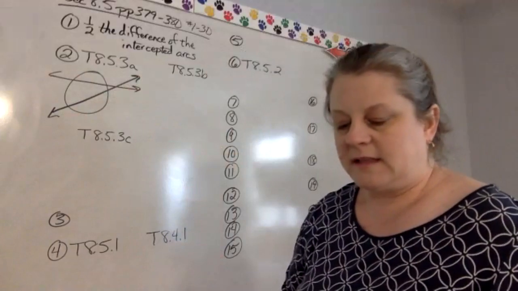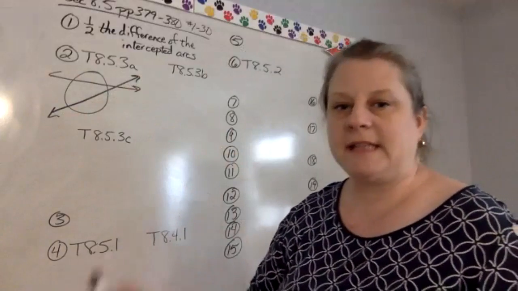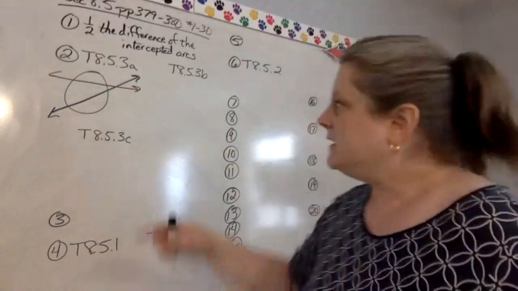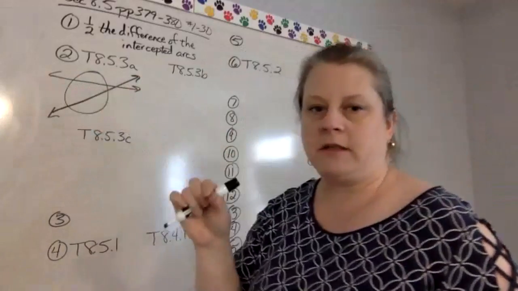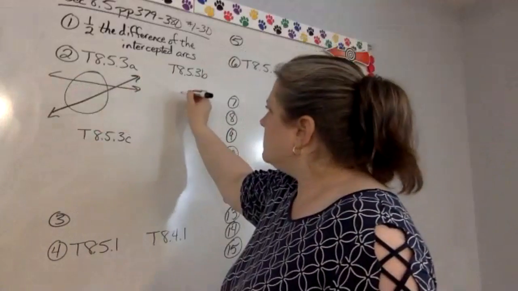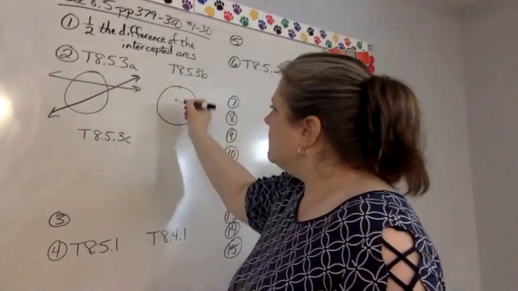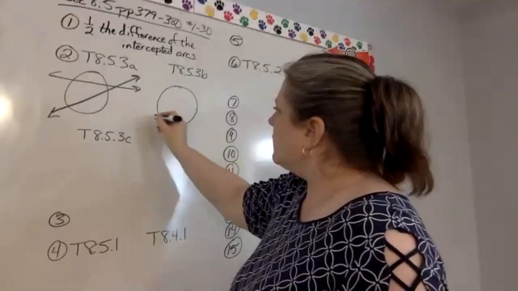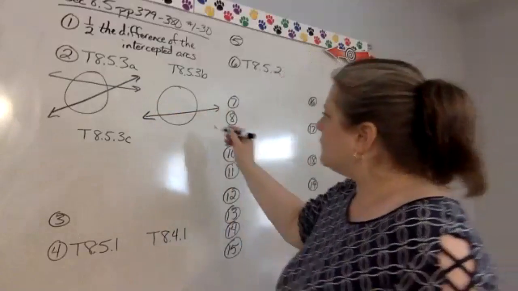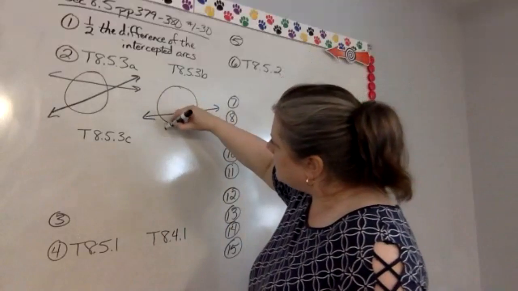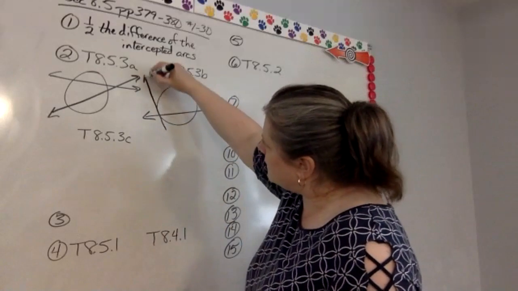The second one talked about when you had a secant and a tangent. Now, the secant goes across the circle, tangent just touches the circle. So for your second one, you have your secant going across the circle, and then you have your tangent that touches the circle.